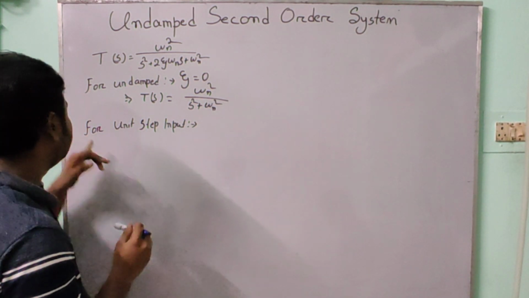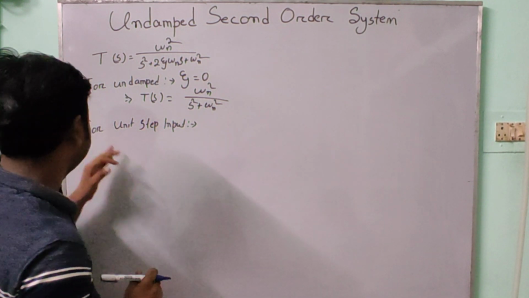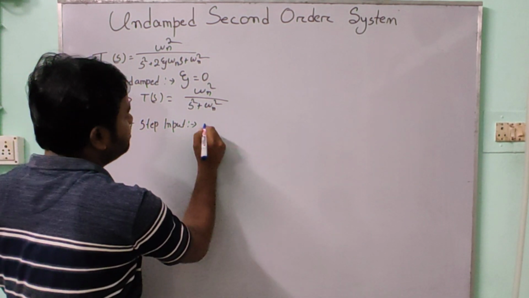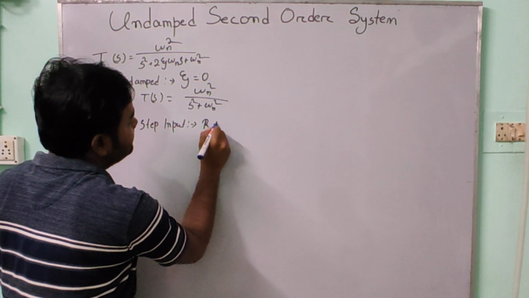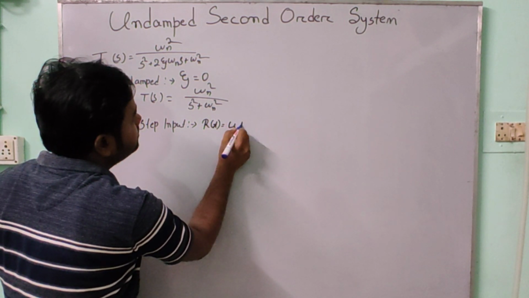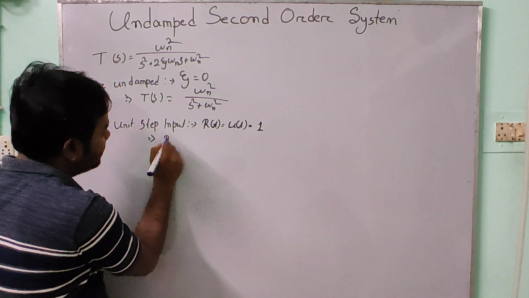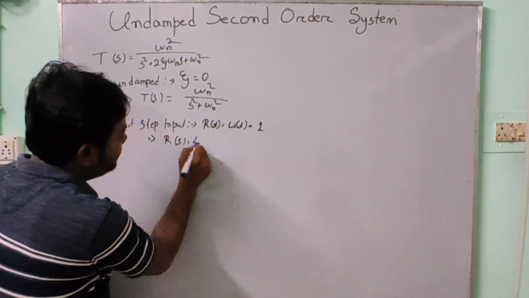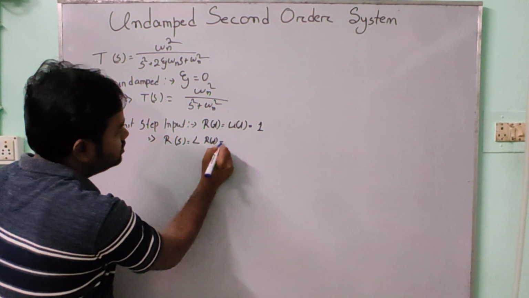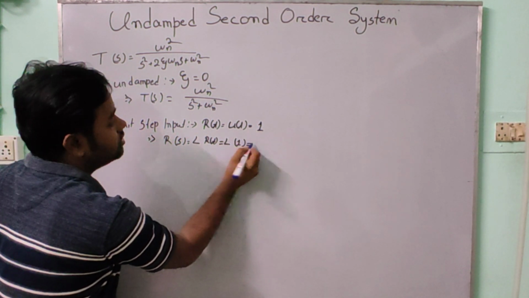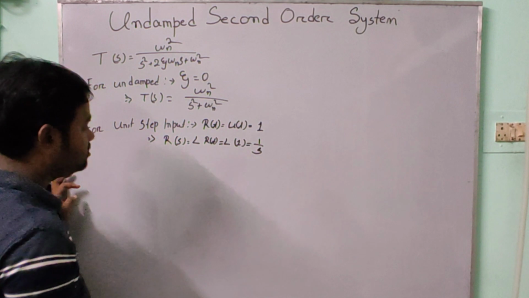Now for unit step input, r(t) is equal to u(t), which is equal to 1. That implies R(s) is equal to Laplace of r(t), which is Laplace of 1, which is equal to 1 by s.